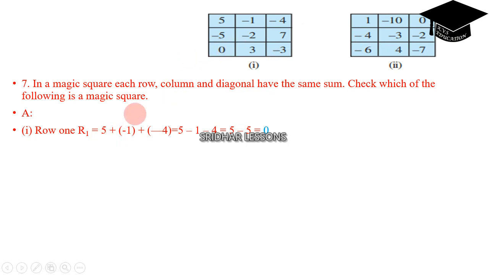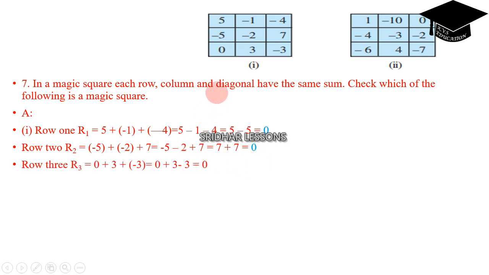For figure 1, row 1, R1 is equal to 5 plus (minus 1) plus (minus 4), which is 5 minus 1 minus 4, which is 5 minus 5, which is 0. This is about row 1. Next row 2: minus 5 plus (minus 2) plus 7, which is 7 minus 7, which is equal to 0.